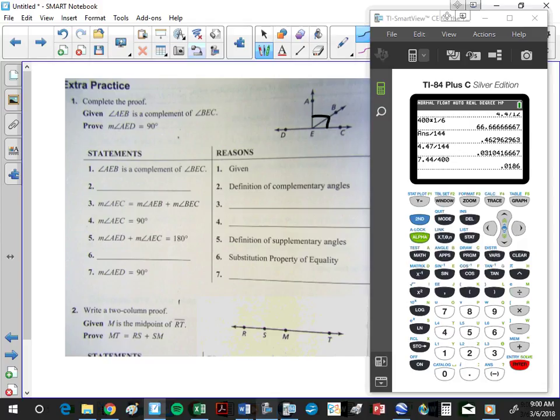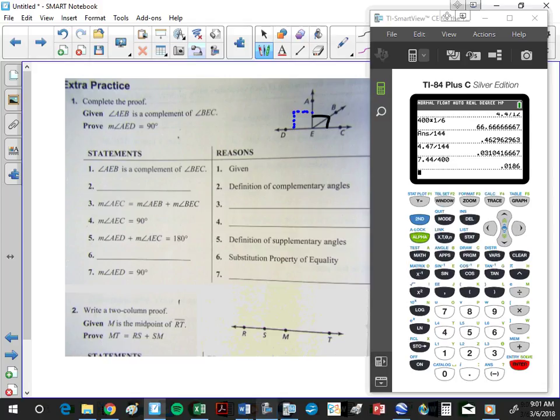Okay? Prove that AED is also 90. So I want to prove that this angle is also 90 degrees. So I'm going to start with my given. AEB plus BEC is 90. That's a given. Which tells us that, what it says, definition of complementary angles.